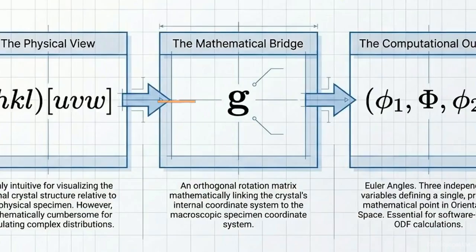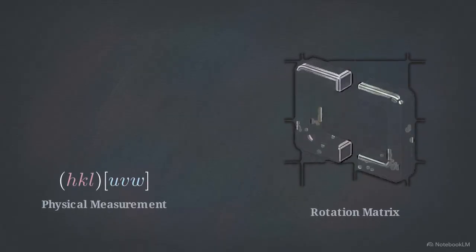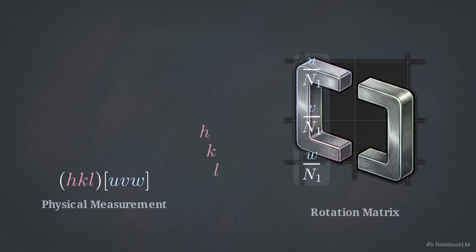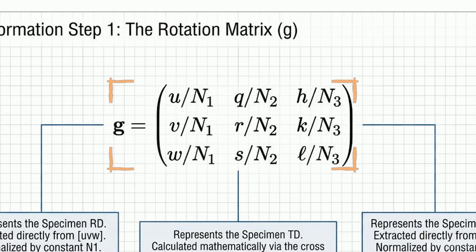That structure is the orthogonal rotation matrix, denoted here by a lowercase g. It serves as the numerical engine capable of translating coordinates from the crystal frame to the specimen frame. For high-symmetry materials like cubic metals, we construct this 3x3 matrix by pulling data directly from our physical measurements. This formula represents the fully populated mathematical destination, a 9-element array.